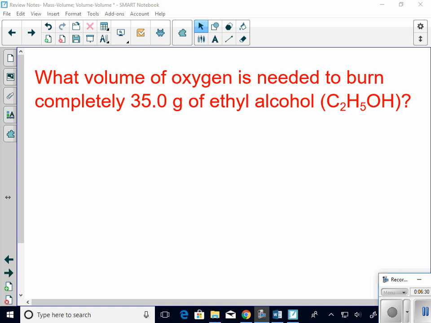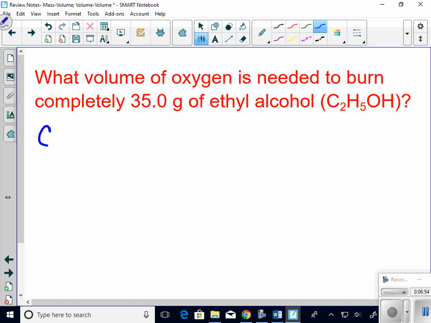It is not a decomposition. What are we doing? What does it say there? We're burning. So it is what type of a reaction? Combustion. Thank you, Parker. It's a combustion reaction.